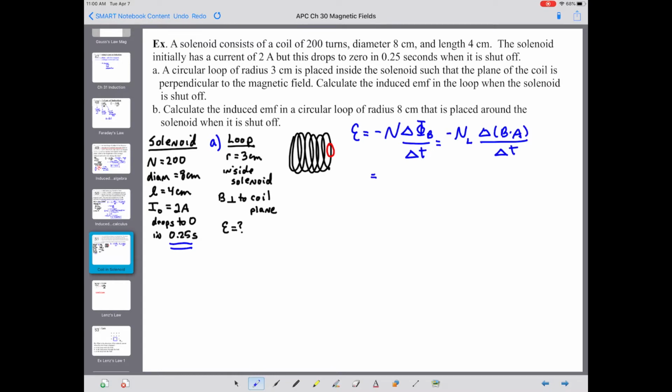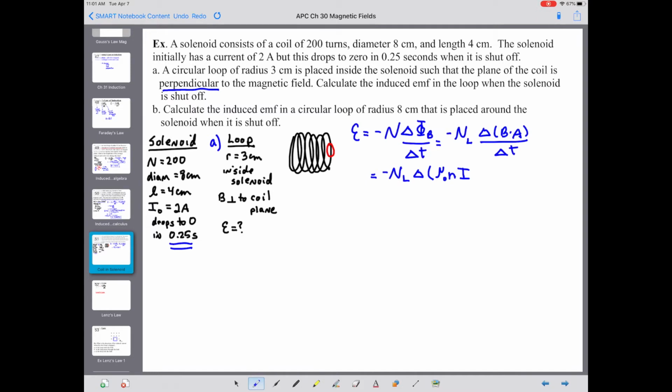Now B is caused by the solenoid, so that B for the solenoid, we derived that equation the other day. That's going to be μ0 small n times I, the dot product between B and A, based on your given that you have the perpendicular here between the plane of the area.